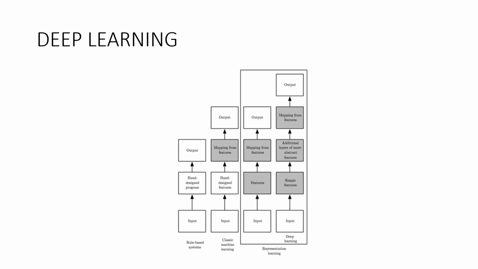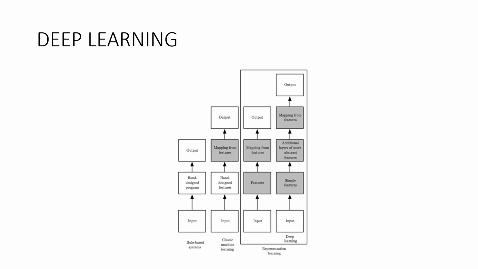This is once again a representation of your traditional rule-based systems, used, say, in clinical decision support, which have hand-designed programs, if-then-else type statements, that are come up with by experts for the output. In classic machine learning, the standard neural network, you give your input, and you come up with whatever the humans think are the important features, and you still have a single hidden layer and then an output.